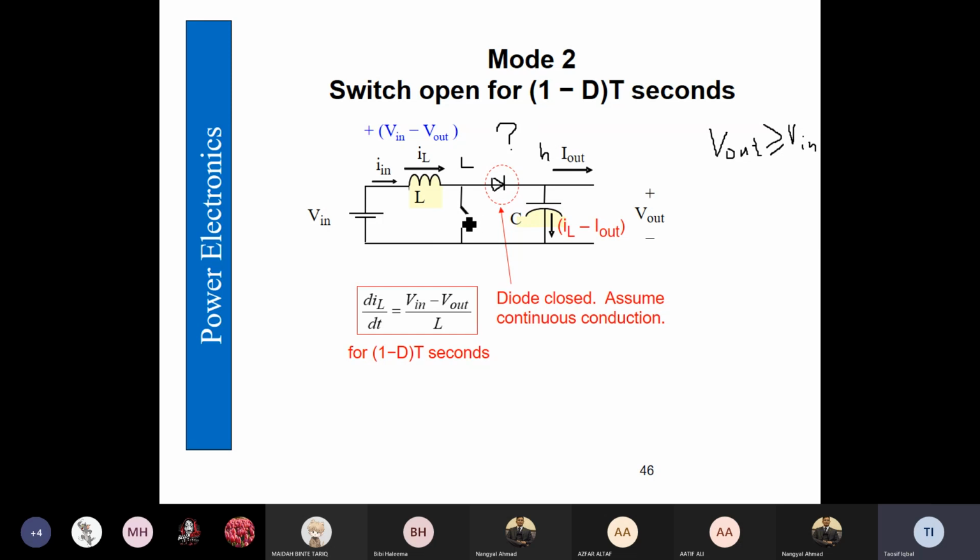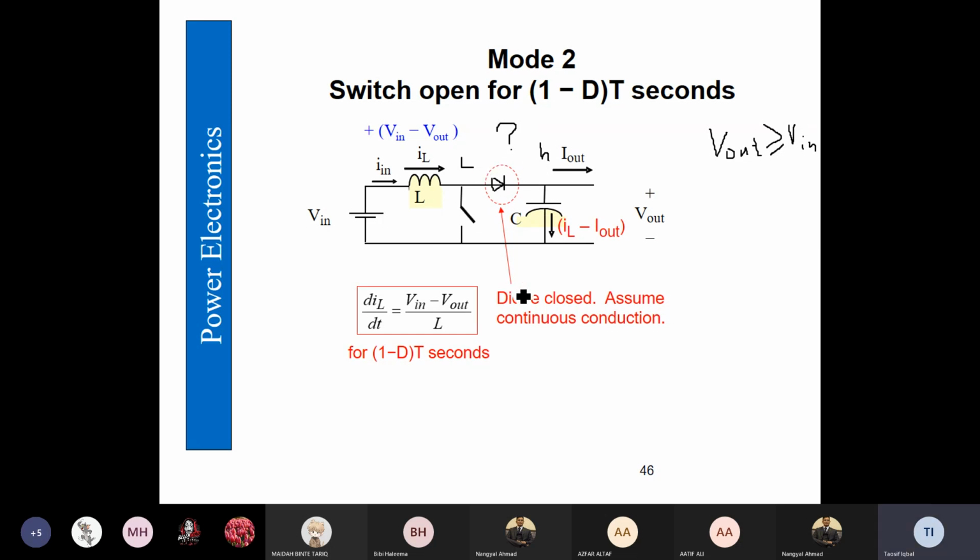When we open the switch after it was closed, the inductor is going to produce the L di by dt effect, therefore a voltage spike. That voltage spike will enable the diode to become forward biased, and the inductor will be able to dump the energy into the capacitor, even though the voltage difference is there.